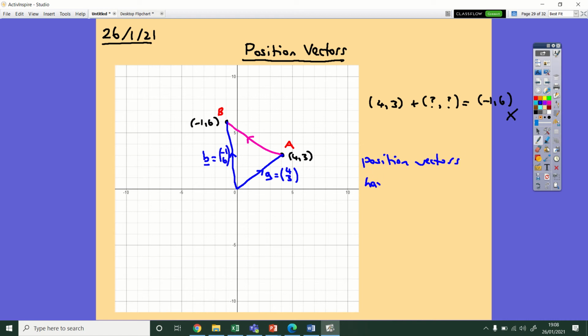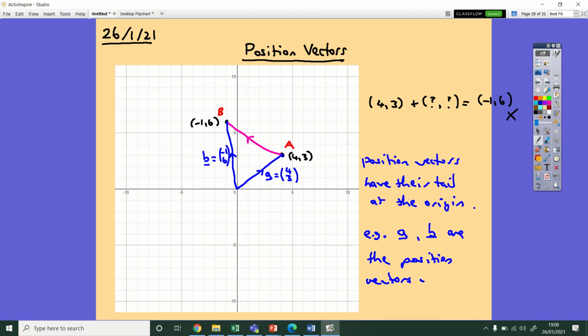Let's have their tail at the origin. Okay, and our examples have got a and b are the position vectors of big A and big B. Okay, and then we could just as easily write capital O to capital A for our vectors as well.